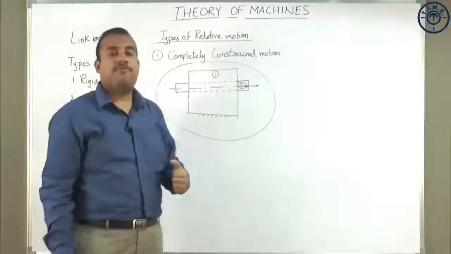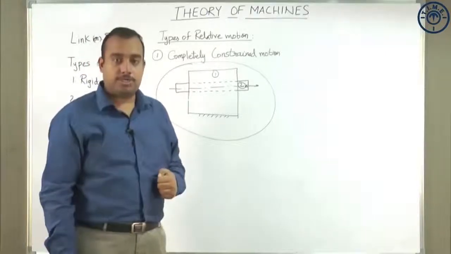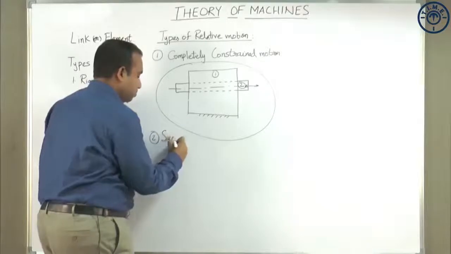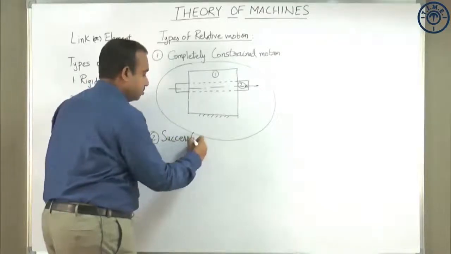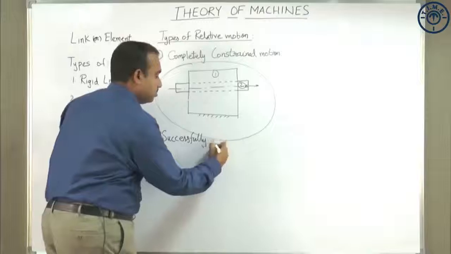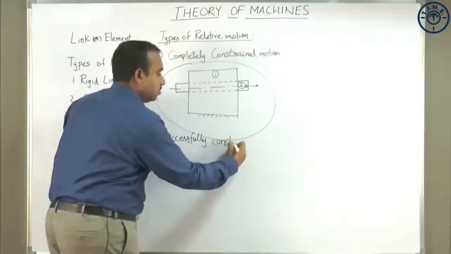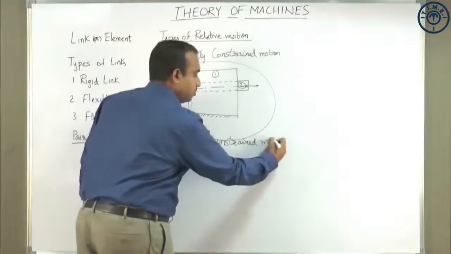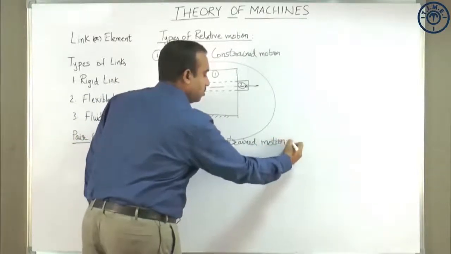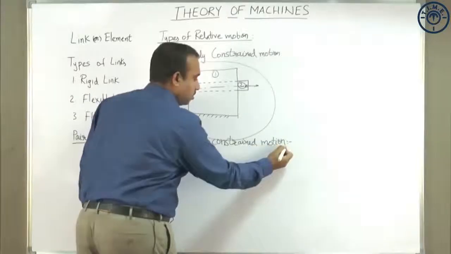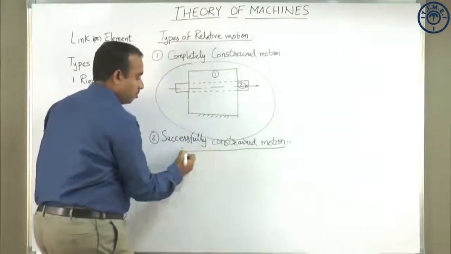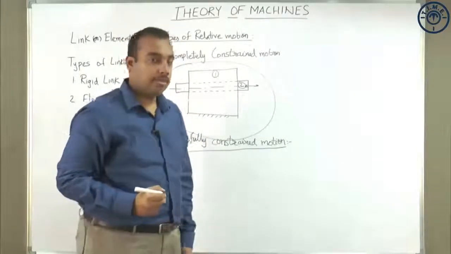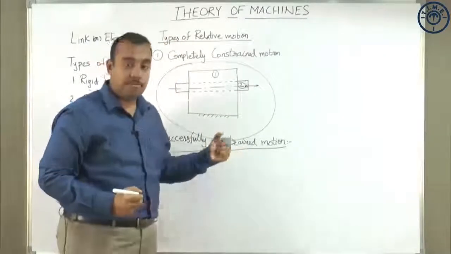The next type of relative motion is successfully constrained motion. Let us understand this with the help of an example.